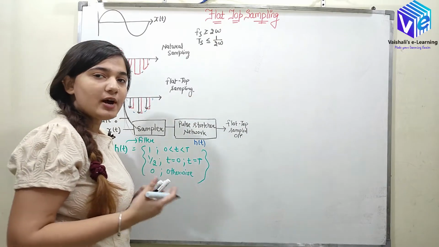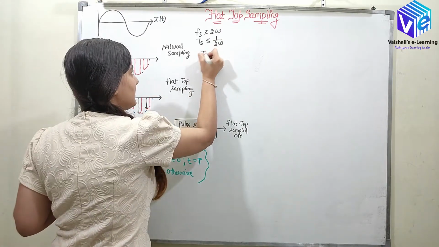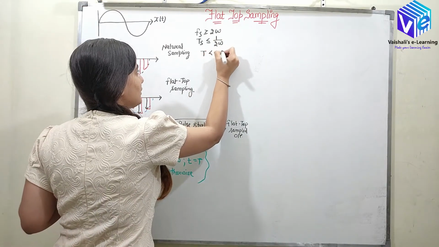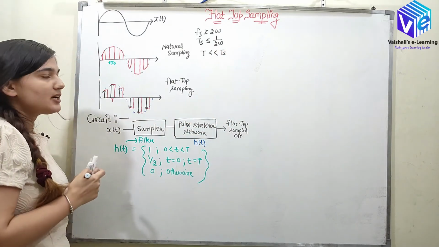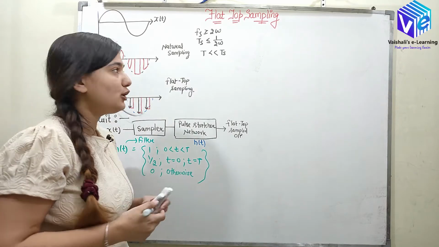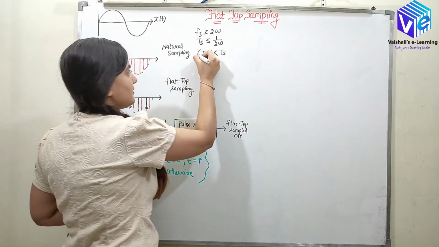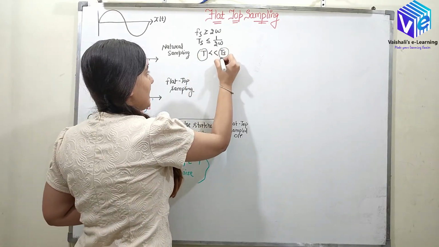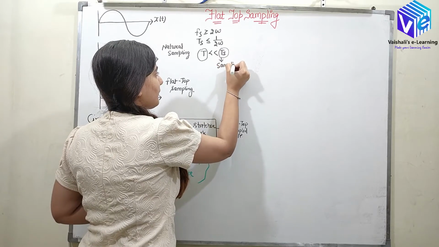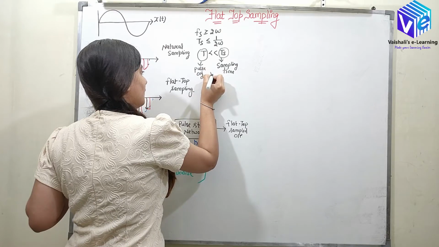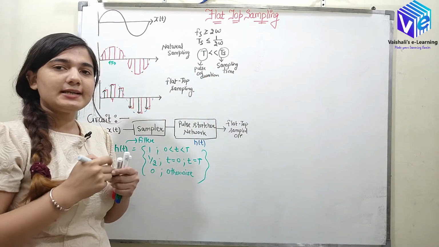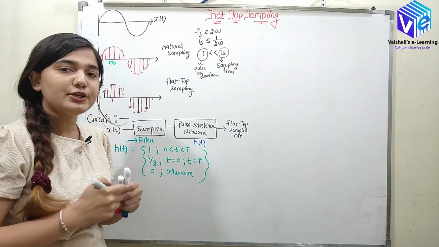I also gave you another relation between T and Ts: T is very much less than Ts. These conditions will always hold. Ts is the sampling time, and T is the pulse on duration.